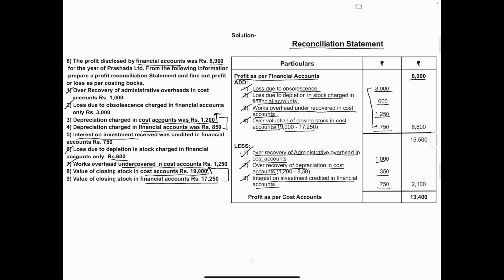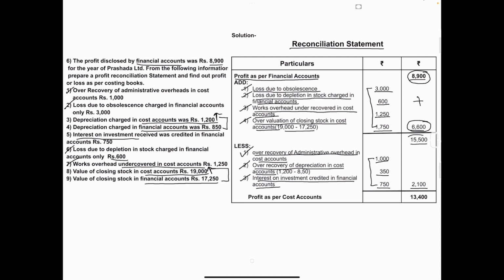Okay, now add these 4 items: 3,000 plus 600 plus 1,250 plus 1,750, and you will get 6,600. Now 8,900 plus 6,600. Add these two figures, you will get 15,500. Add these 3 items: 1,000 plus 350 plus 750, you will get 2,100.